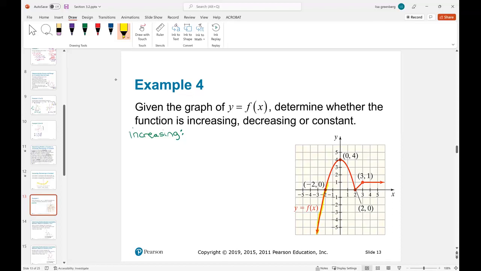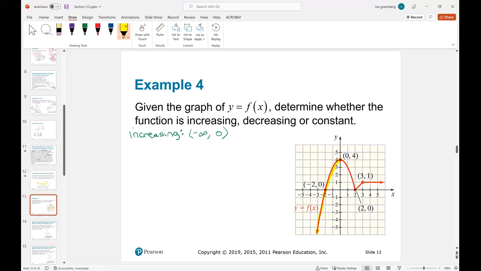And as long as I'm going up, which I just finished going up, I am increasing, right? So I'm increasing from negative infinity to, and I'm always talking about my x values, x equals 0. And again, always open.